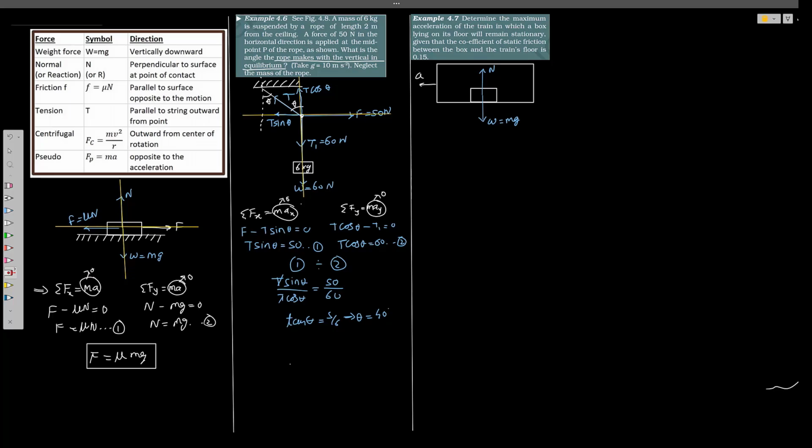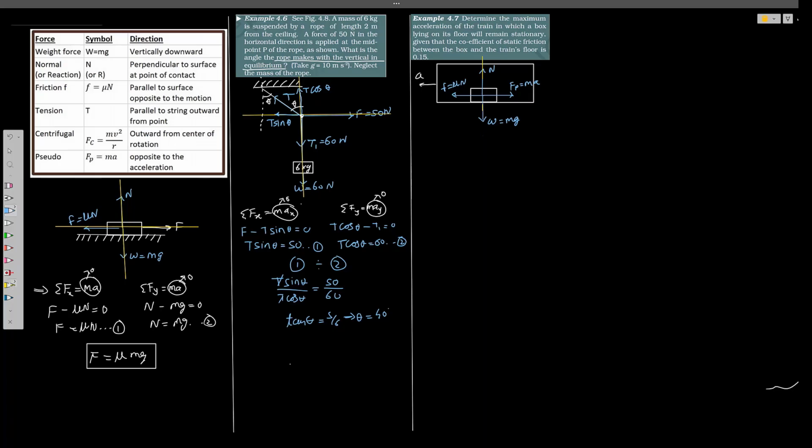So there will be pseudo force, which is opposite to acceleration. So here pseudo force must be on right side, and it is equal to ma. So the tendency of block will also be on right side. That's why friction force will be opposite to the motion, and that is mu N. So we get all the forces.